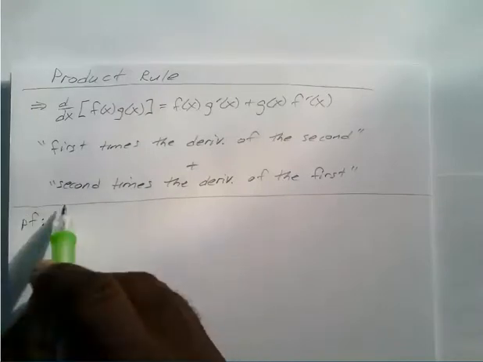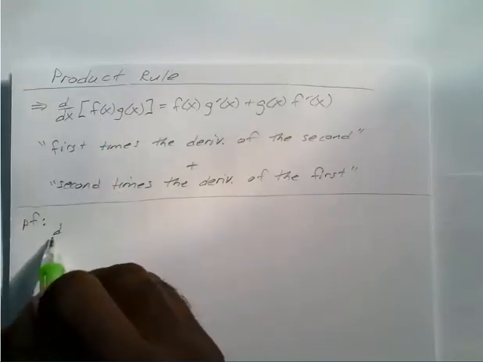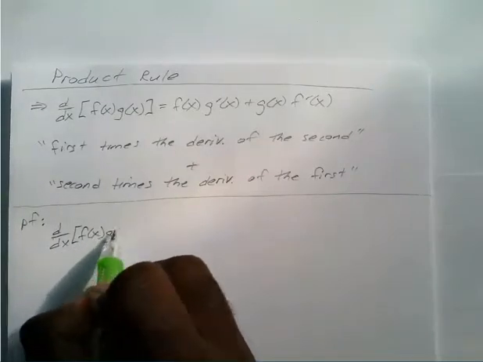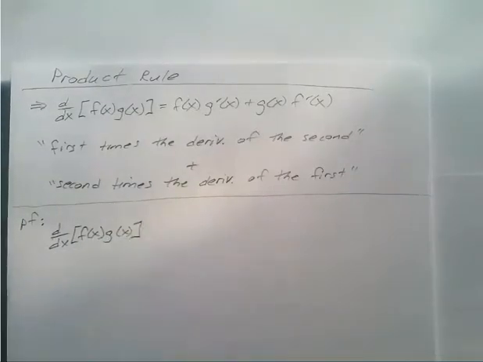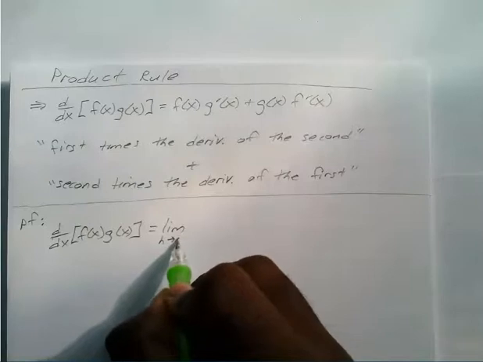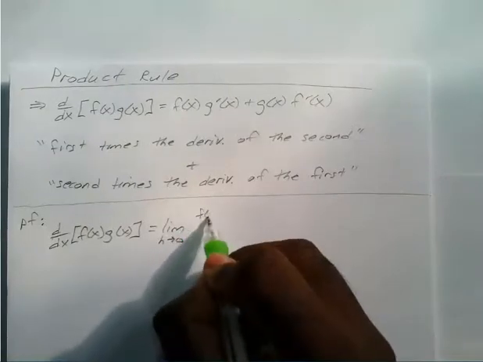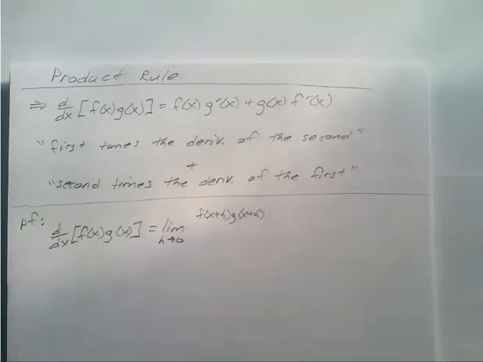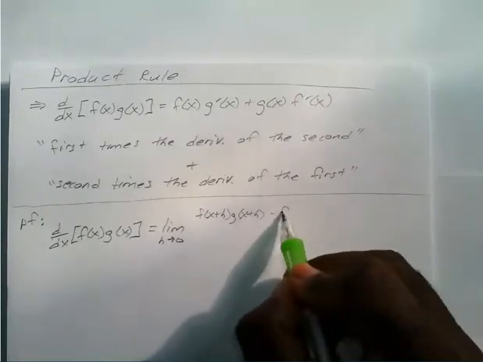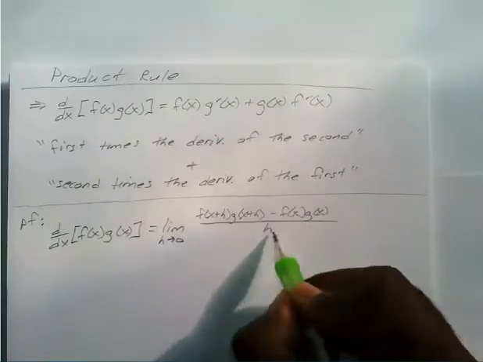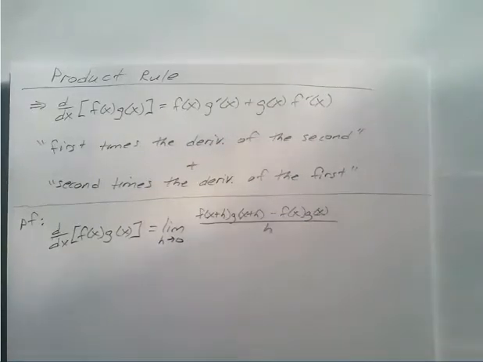Okay, so if we have the derivative with respect to x of f of x times g of x, that's going to equal the limit as h approaches 0 of f of x plus h times g of x plus h minus f of x times g of x all over h.